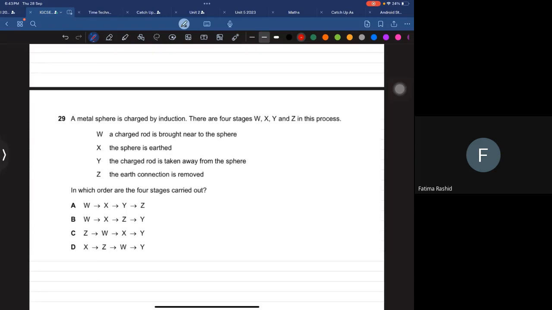So you got to bring the charged rod, right? Then sphere is earth, right? Charged rod is taken away. If your charged rod is taken away, then obviously it would discharge. So you have to remove the earth first, and then you have to remove the wire. This is correct. Do you guys get it? Just like that.